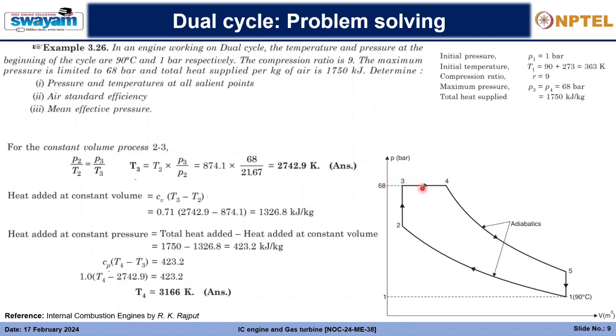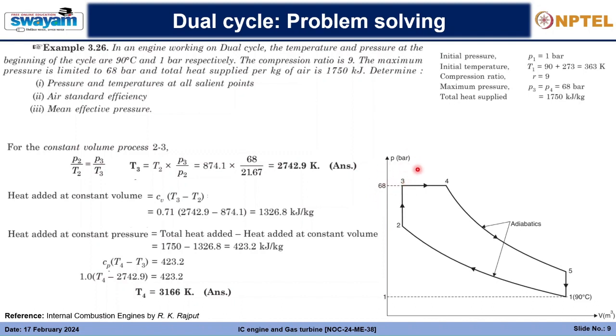So T4 is the highest temperature, at 3166 Kelvin, and you are limited by the pressure of 68 bar. And why do we limit the pressure at 68 bar? Because in these questions you will find that the maximum pressure is given already. That is a design parameter. The maximum pressure is designed as per the breaking limit of the material used to manufacture the whole cylinder.